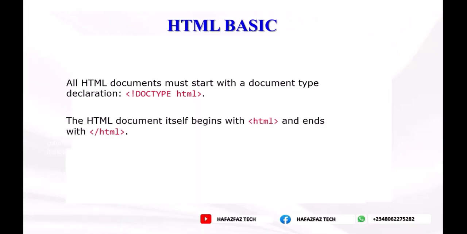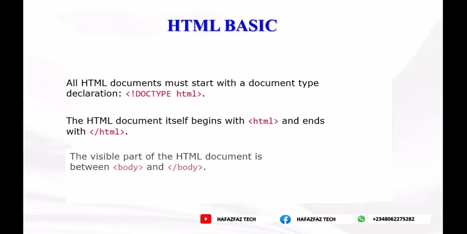The HTML document itself begins with the HTML tag and ends with the closing HTML tag. And then the visible part of the HTML document is between the body tags, the opening and closing. That is, this is the place where all the structures, the pictures, the videos, the audios, and the rest will be inserted.